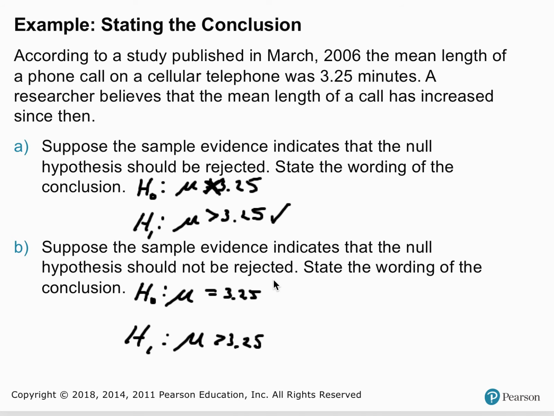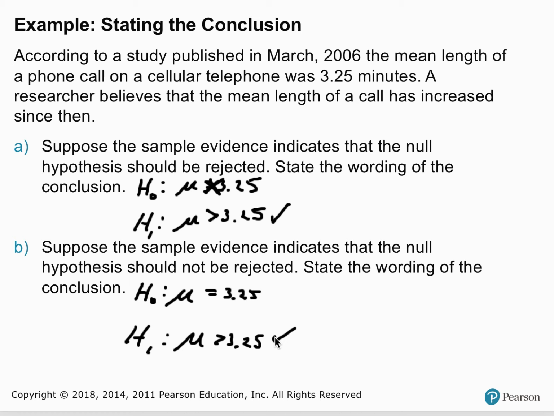I'm not going to say I conclude that the mean length is 3.25. I'm going to say there's not sufficient evidence to conclude that it's more than 3.25. Up here, I'm going to say there is sufficient evidence to conclude it actually is more than 3.25, and I'm going to reject the fact that it is 3.25.